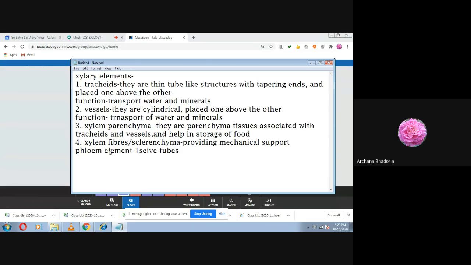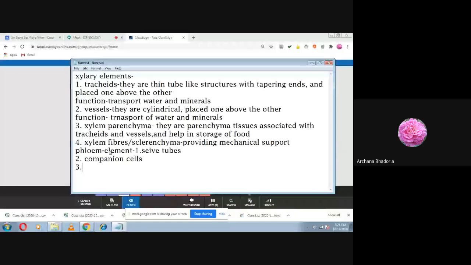What are the 4 elements of the phloem tissue? They are sieve tubes. Then second, write down companion cells. So write it, then I will show you the video. Companion cells. Then third one, the same, that is parenchyma.